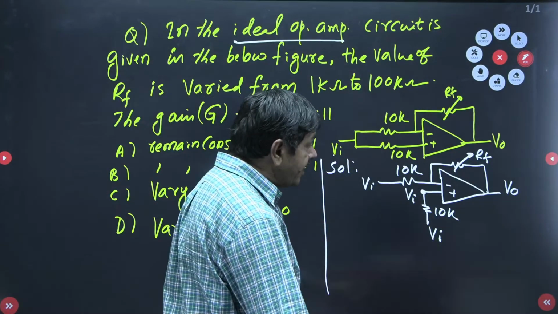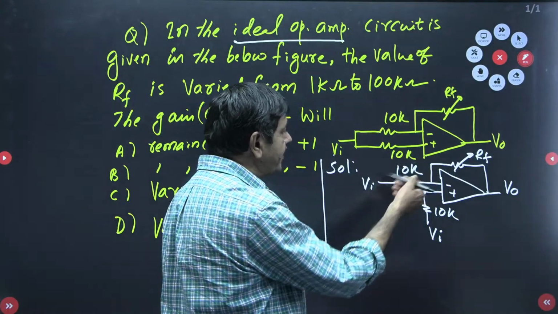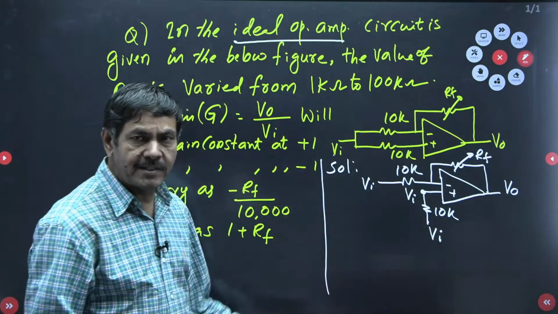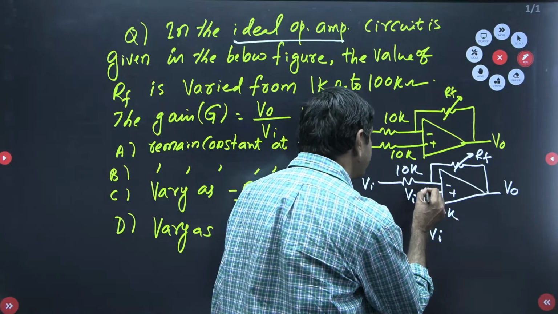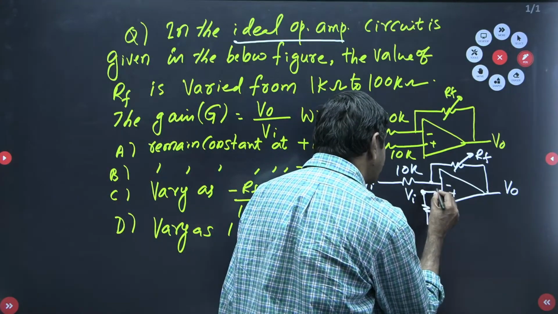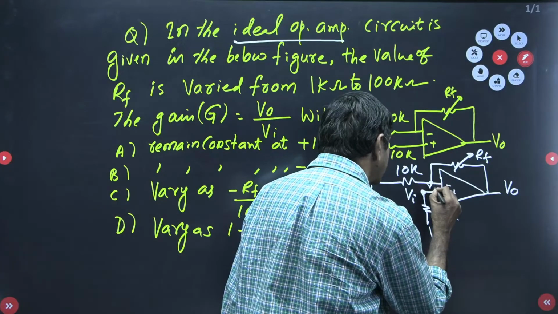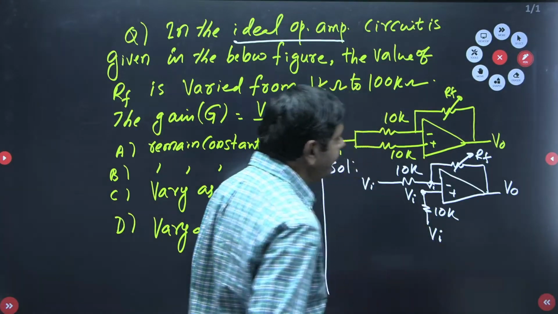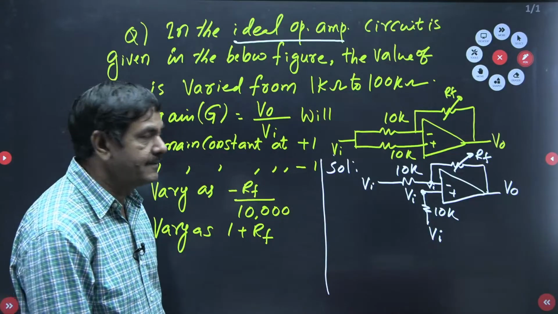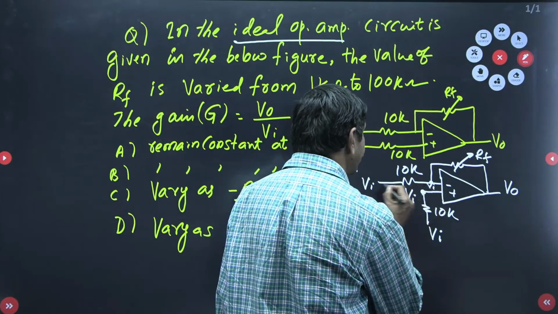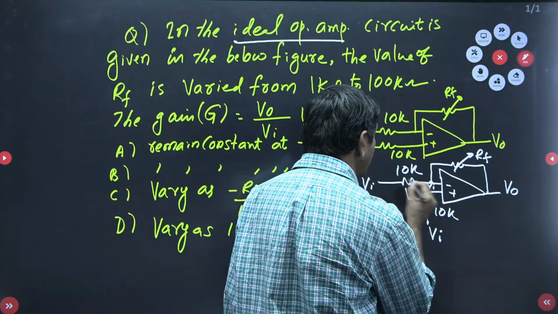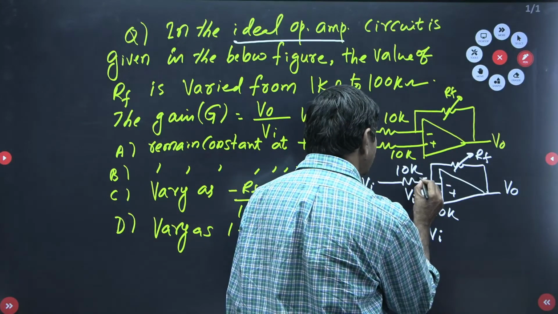But under the virtual ground concept, you know, V plus and V minus are equal. Very first class, I derived that. V plus and V minus are equal. If it is VI, even this node voltage is also the same VI. But this side current is 0 only. It doesn't flow because I want to apply the nodal analysis to find V0.